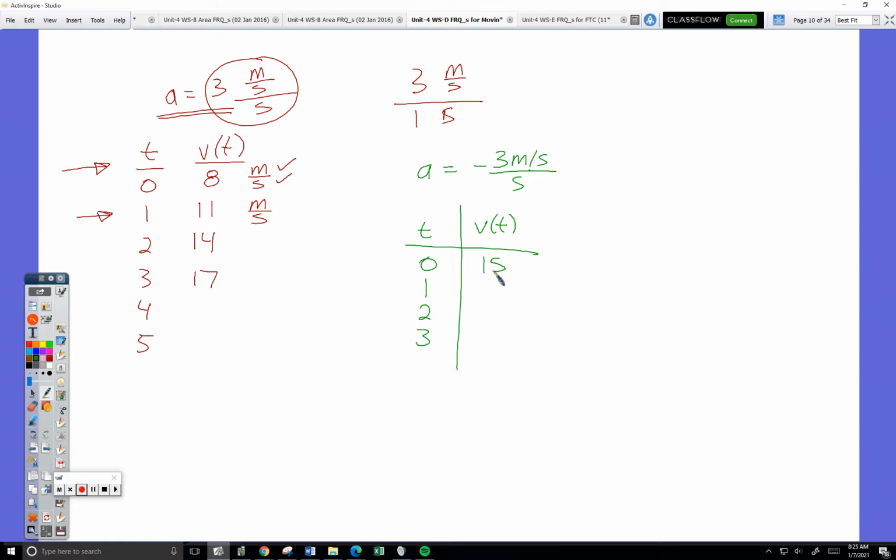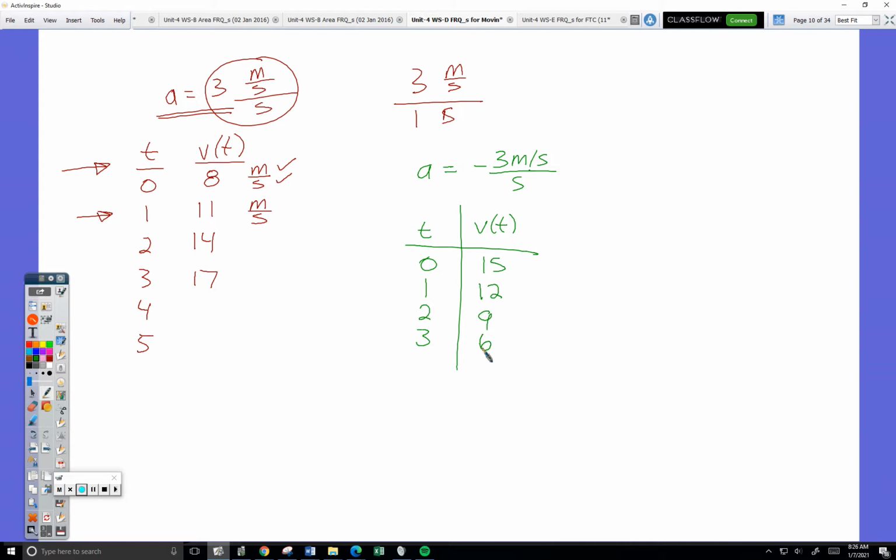Hands up, what's the velocity at time 1? Let's go Cambria. And then time 2, Cambria. And time 3.